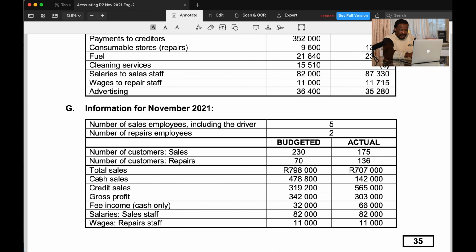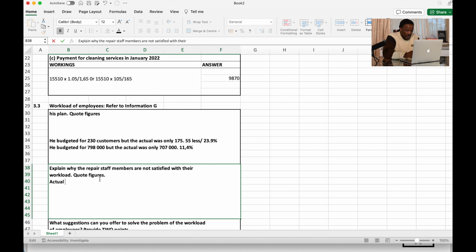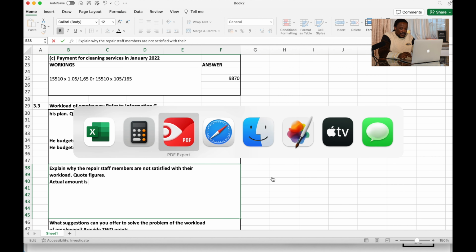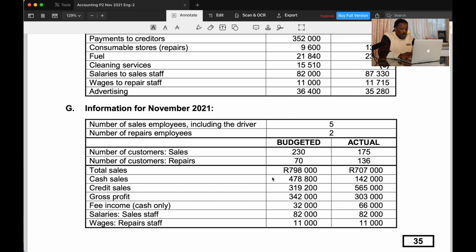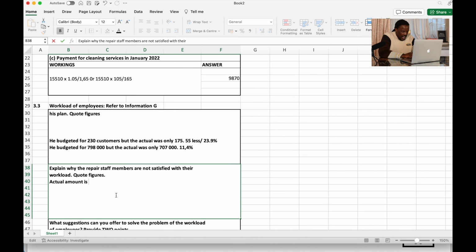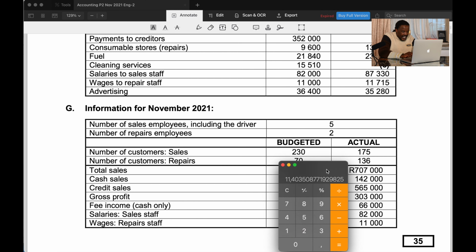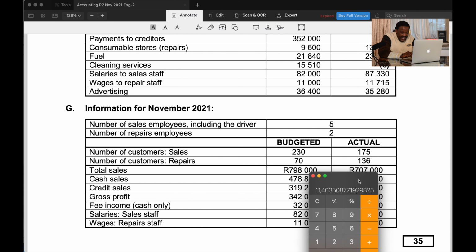Let's look at actual amount. You can quote figures in a different fashion. I'm just showing you different ways of quoting figures. You look at actual amount, you take your calculator: the actual amount of total sales, 707,000 minus 798,000.